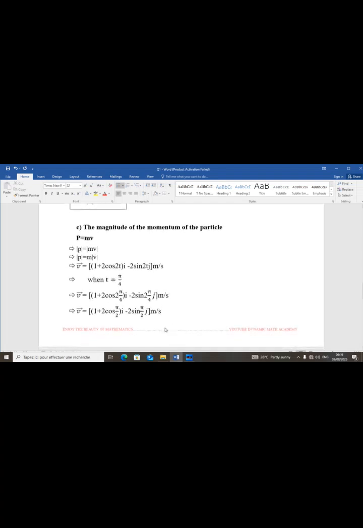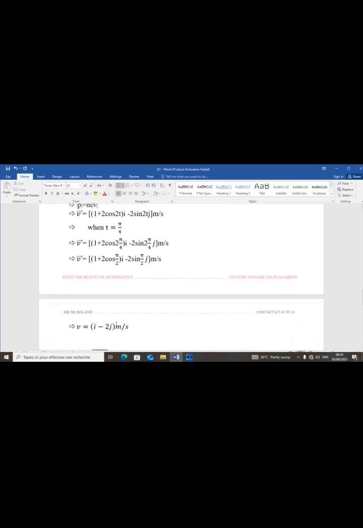We all know that cos of pi on 2 will actually be 0 and sine pi on 2 will always be 1. So we're going to have 1 i minus 2 minus 2j meters per second. That's actually the velocity at time t. Now we need the magnitude of the velocity.